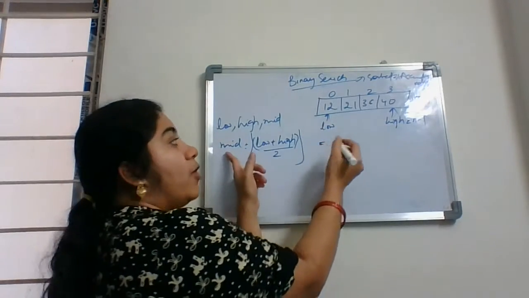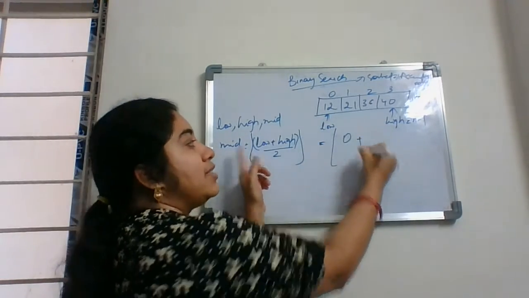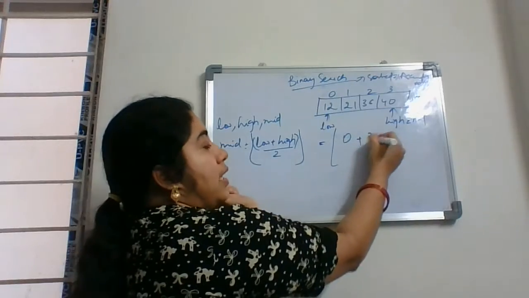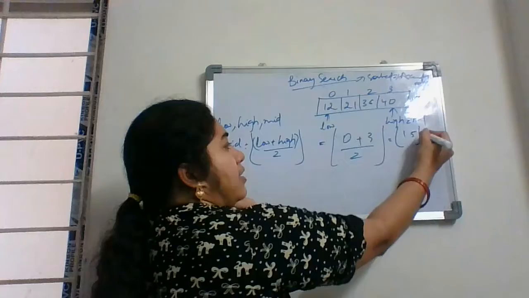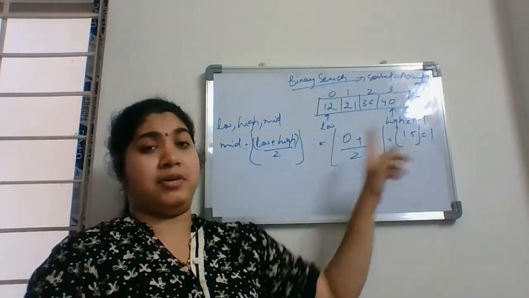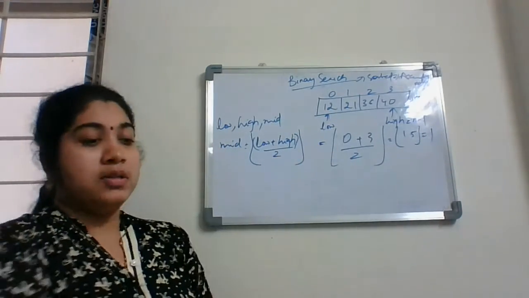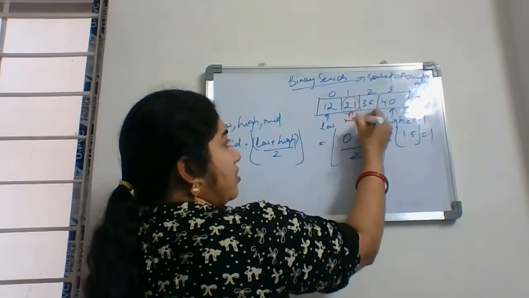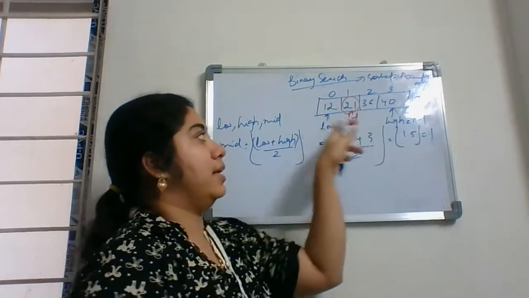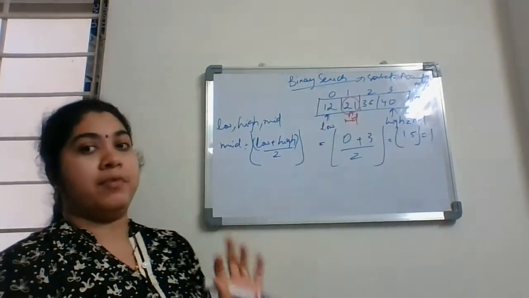Mid can be calculated with the formula (low plus high) by 2, considering the floor value. Low is 0, high is 3, 3 by 2 equals 1.5, that is 1. We consider the integer part, not the decimal part. Mid will be pointing to index 1 and the mid element is 21.